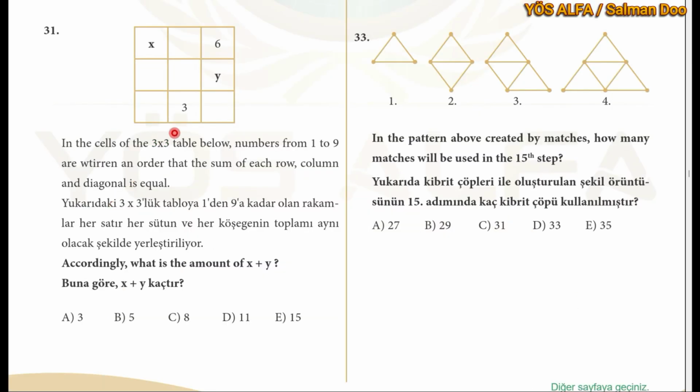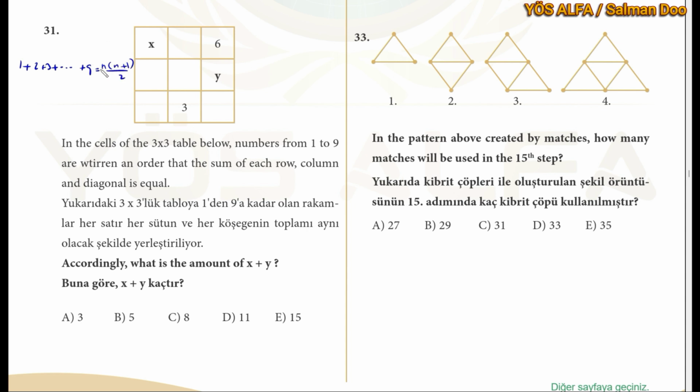3 by 3 table. Numbers from 1 to 9 are written in order that the sum of each row, column, and diagonal is equal. The sum of the rows and the sum of the columns and diagonals should be equal. So what is the sum of x and y? Since the sums are equal for all the rows, since we have 3 rows, the total sum from 1 to 9, we can use the formula n times n plus 1 over 2 to find a sum.